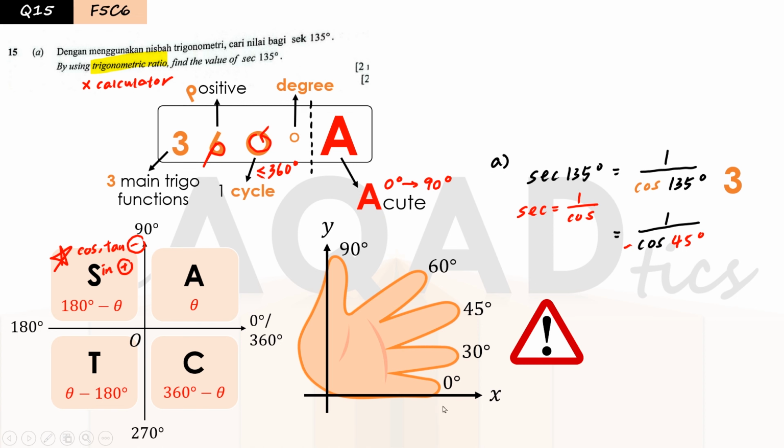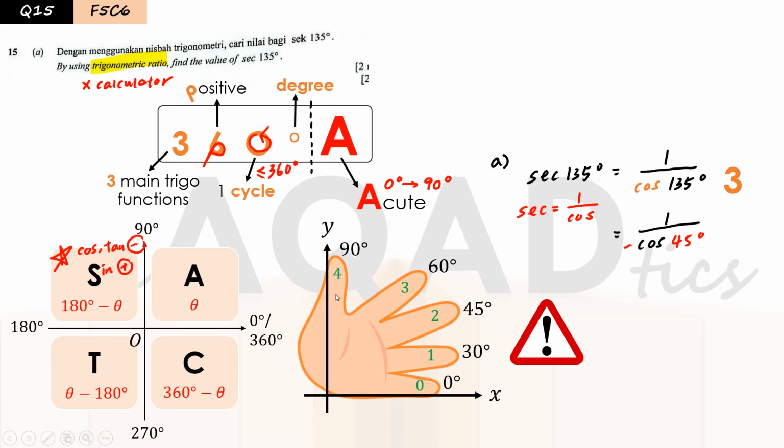Okay? And each of the fingers here has its own two values. Right? So the first type of value will be starting from the x-axis. So it starts from the small finger here, and then followed by this finger, which is 1, and then 2, and then 3, and then 4. So this is the first type of values. Then the second type of values starts from the y-axis.